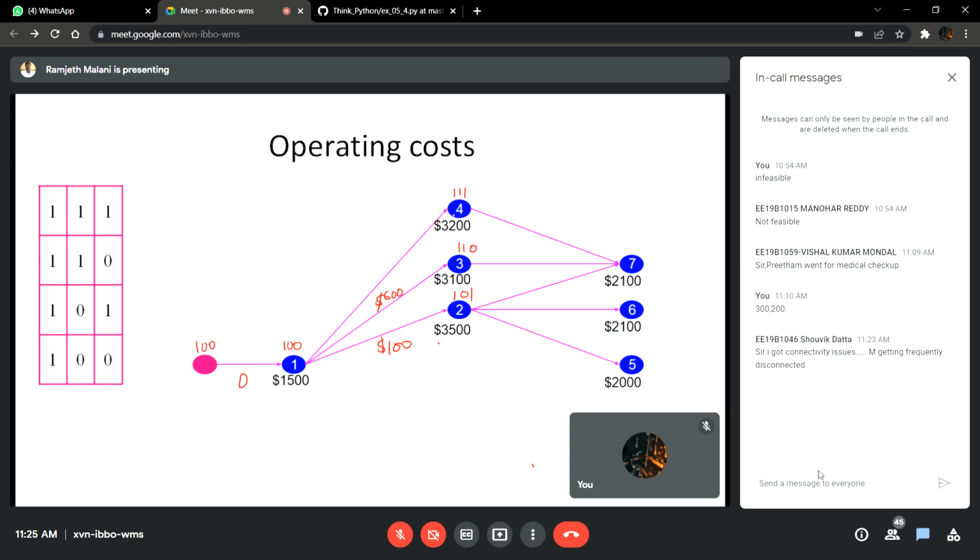We have to turn on 3 and 2. What is the startup cost for unit 2? 600, sir. Unit 3 is 100.